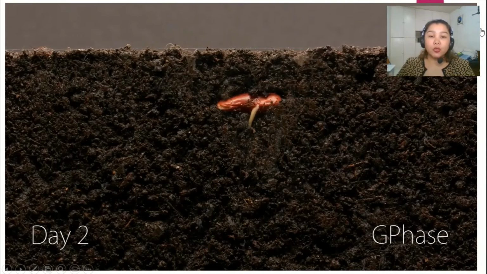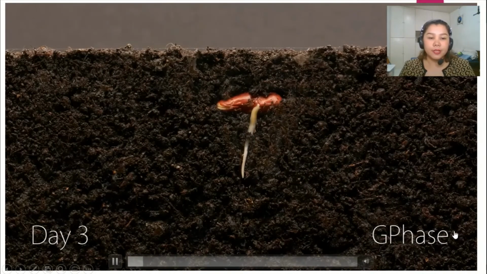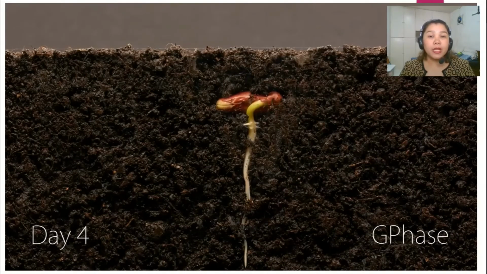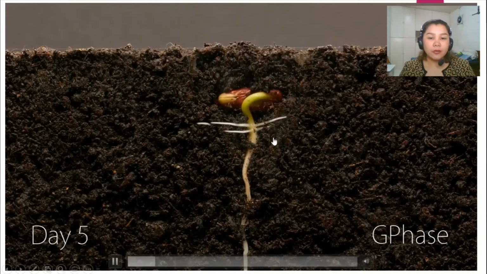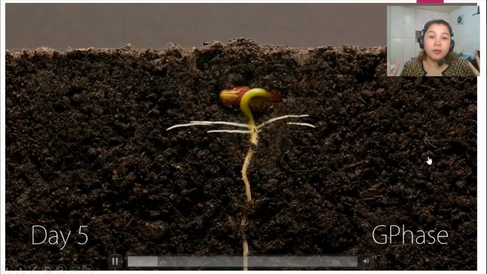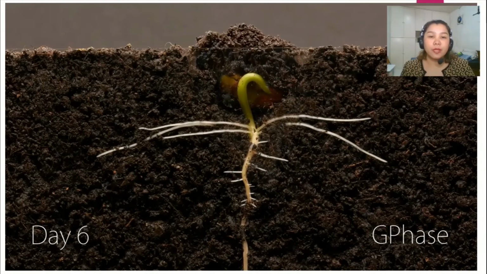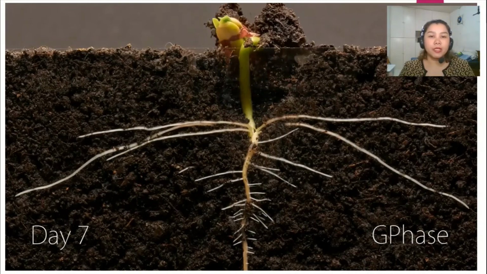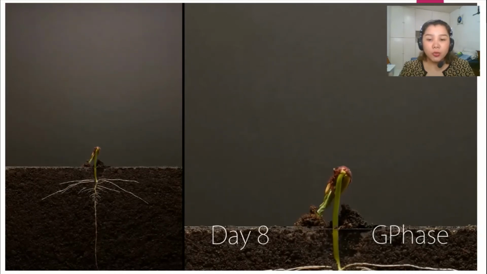So this is day 2. So day 3. It is not a worm, that is the roots. Okay, on day 4, they are increasing. The roots start to spread out, and then it tries to push upward. Day 7, look at the seed coat.